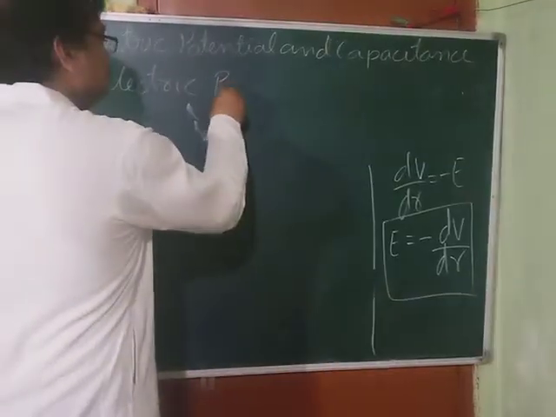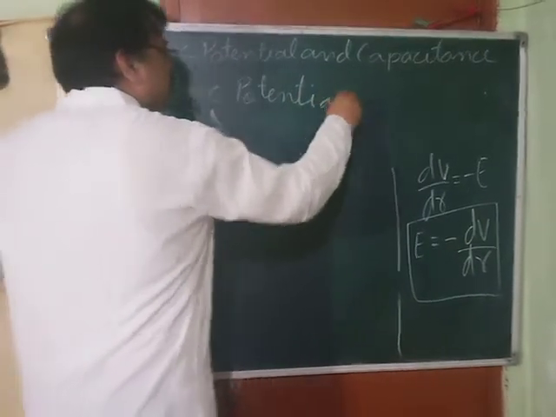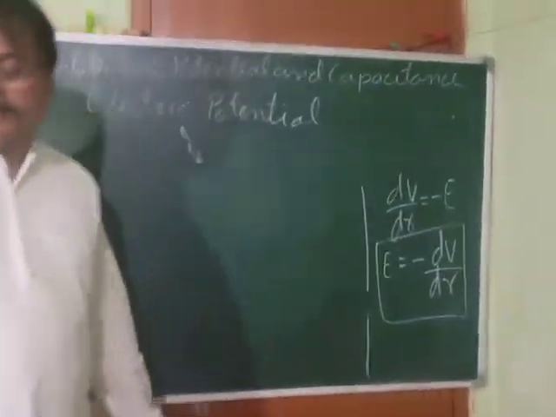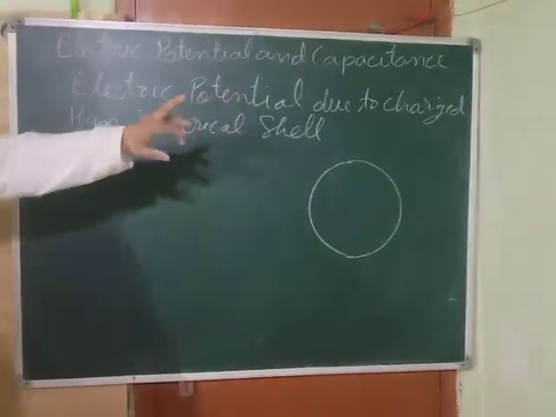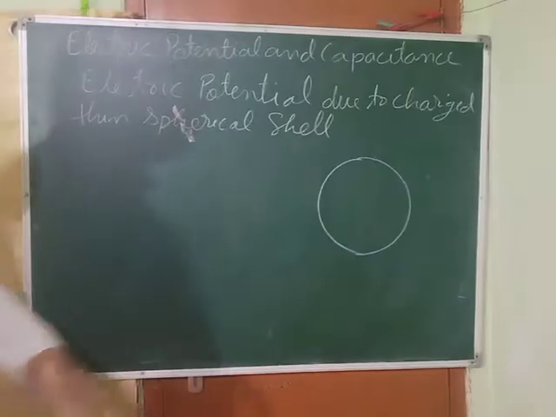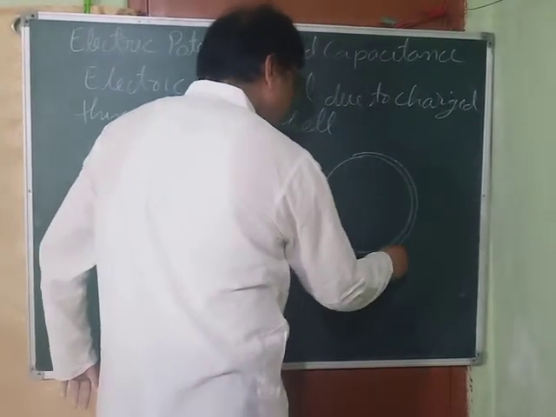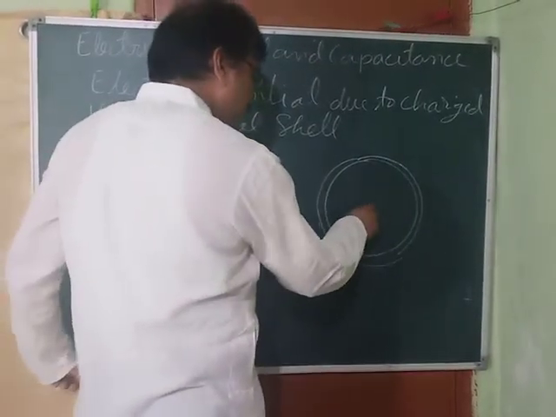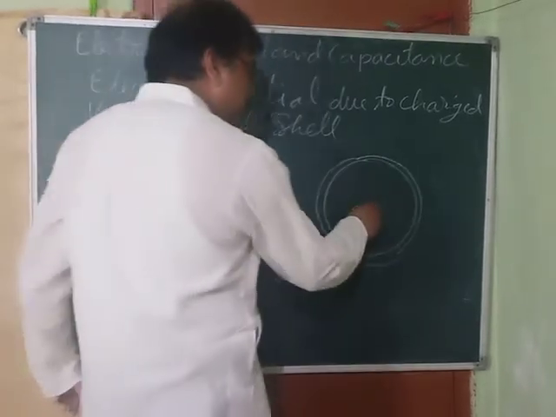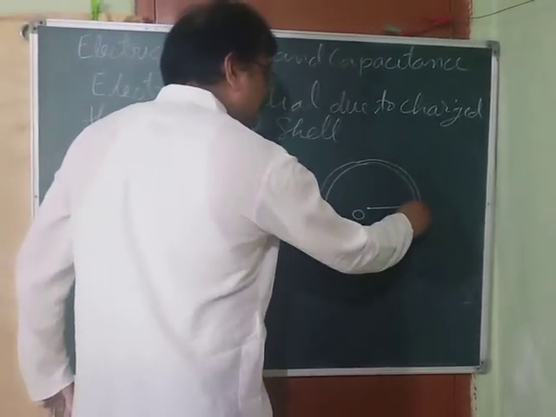Electric potential due to charged thin spherical cell. This is a spherical cell, very thin, suppose. And this is the center of the spherical cell. Let it be O. Its radius is capital R. This is the surface.